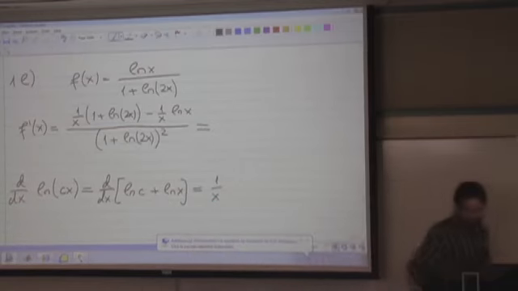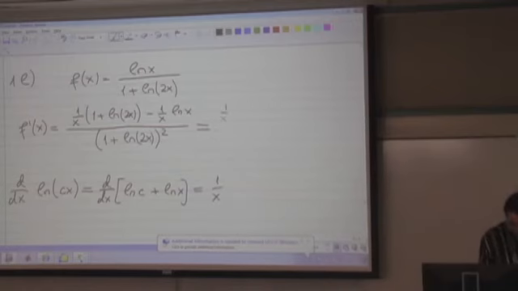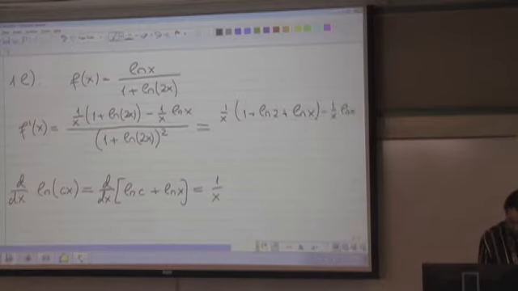So if you look above, I can write this as 1 over x times 1 plus ln of 2 plus ln of x, minus 1 over x ln of x, divided by 1 plus ln of 2x squared.